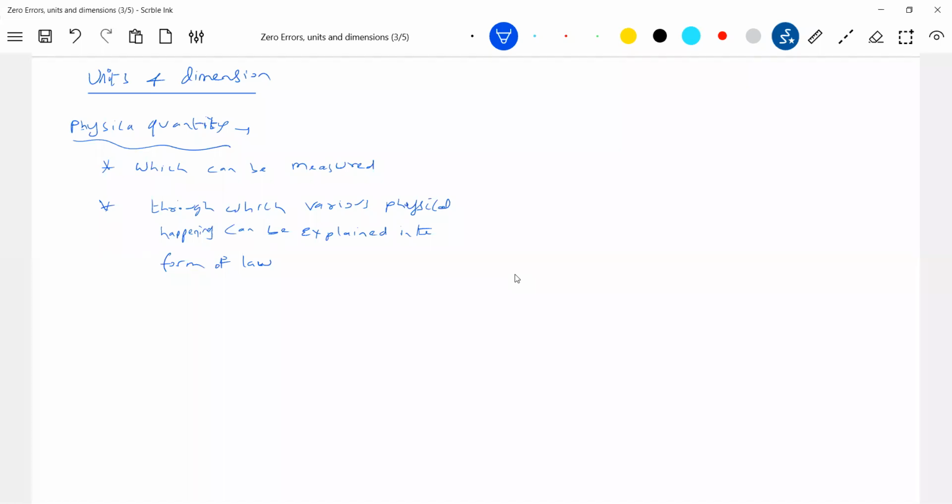Next, how does a physical quantity have to be expressed? A physical quantity, I'll write Q, will have a magnitude and a unit.